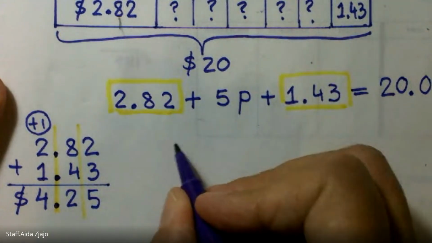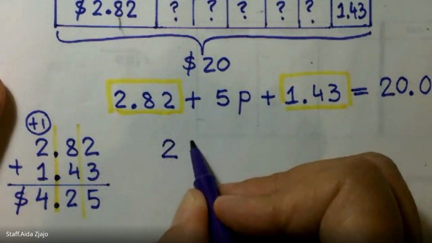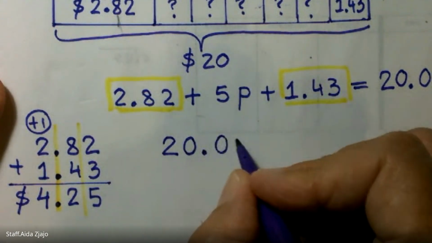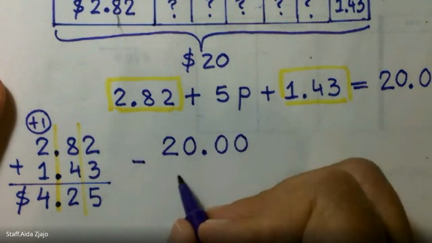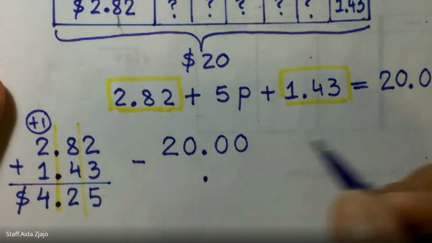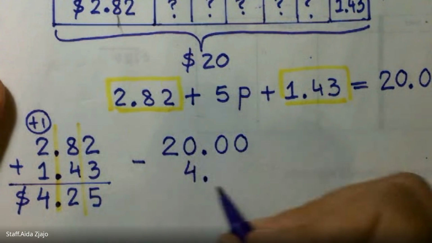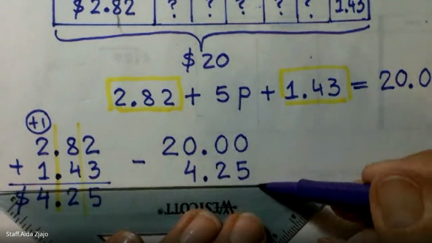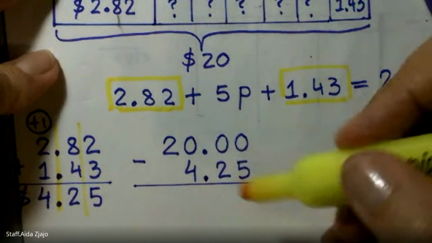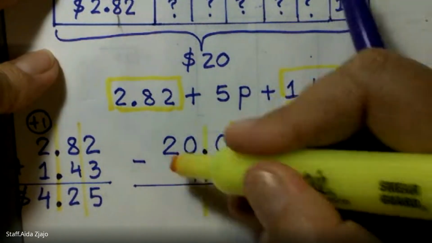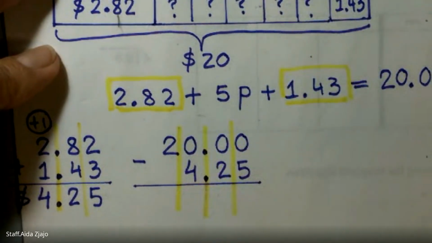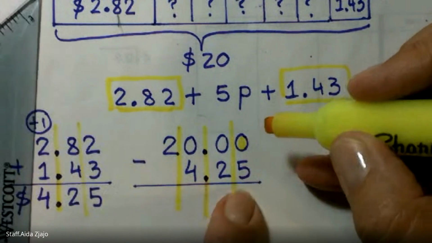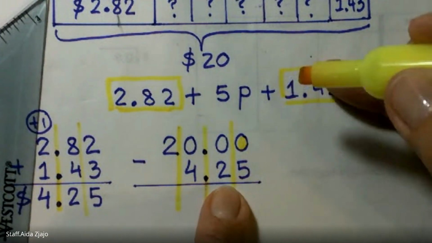So now, because he paid $20, you need to show a decimal, $20 minus, again decimal point, $4.25. Now I'm going to underline and subtract. If I need to give 5 pennies to somebody and I have 0, that's not working.